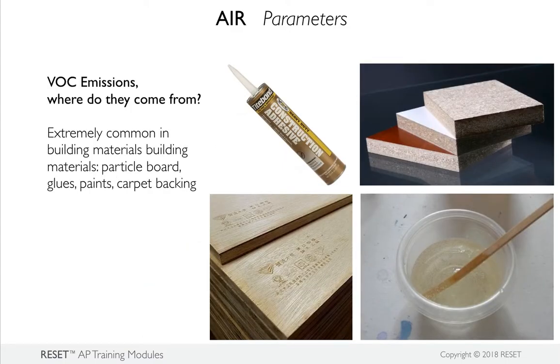So where do they come from? Well, they are extremely common in building products, building materials, particle board, OSB, glues, paints, carpet backing, that type of thing. And I think one of the ways I help people understand where VOCs are is in thinking about how we have created product in this modern age.